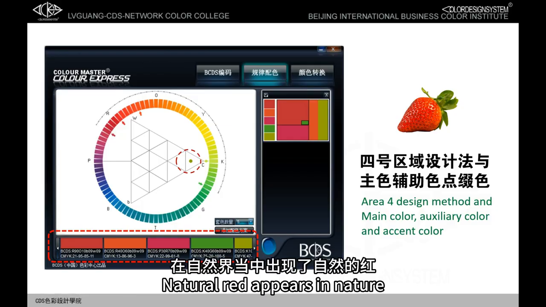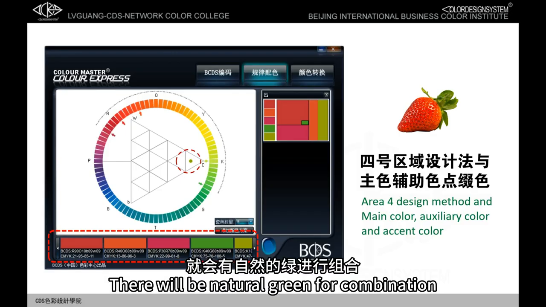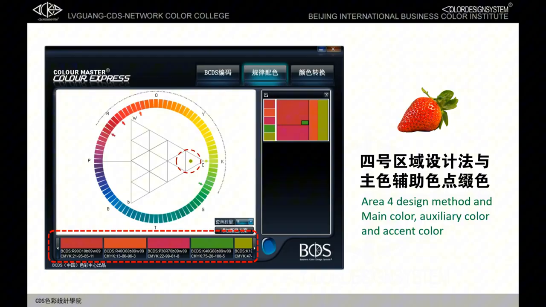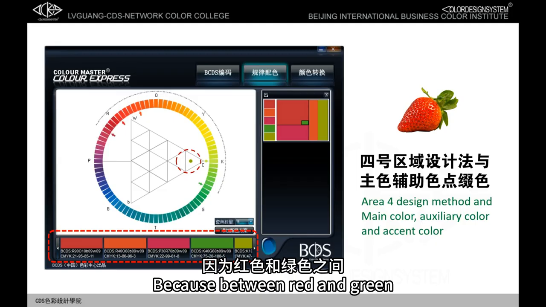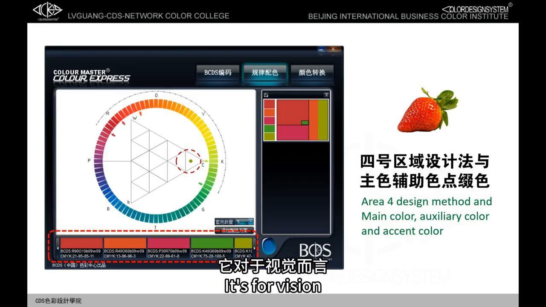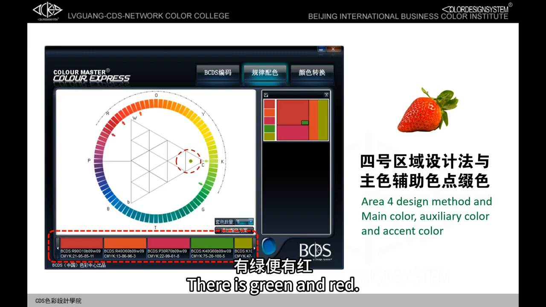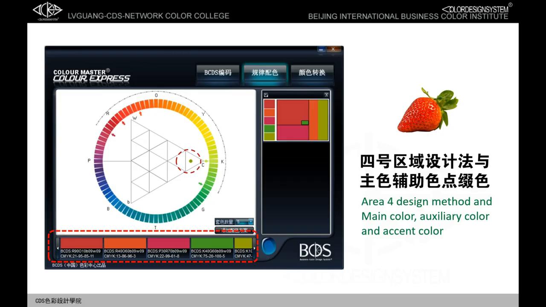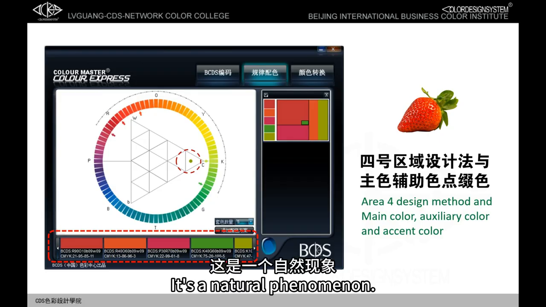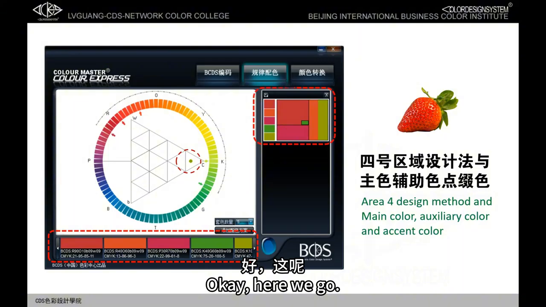Why is that? Natural red appears in nature, and there will be natural green for combination. This is no accident. It's inevitable, because between red and green, for vision, it's a very good match. Where there is green, there is red; where there is red, there is green. It's a natural phenomenon.